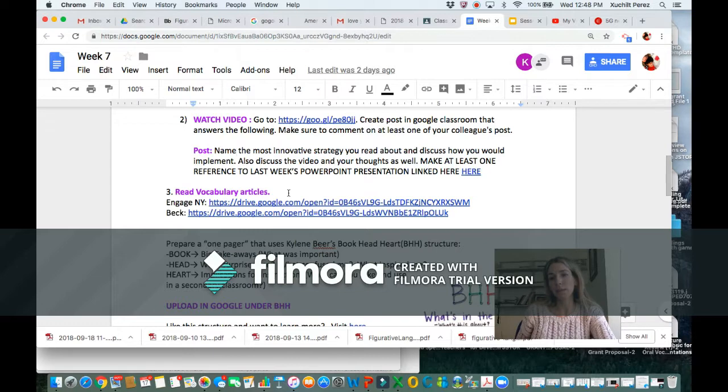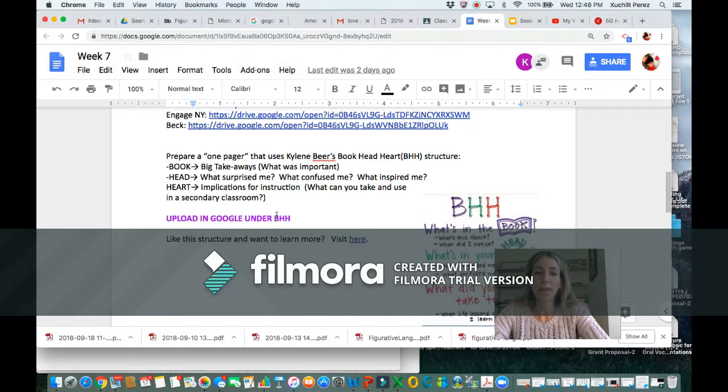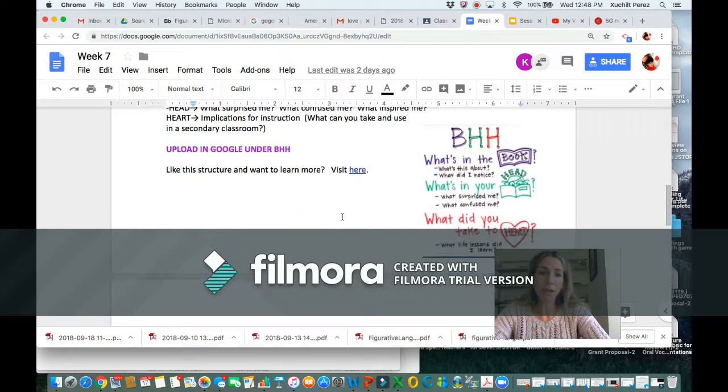One of them is by Engage New York, and the other is the Beck article that I mentioned, and she is the one that goes over and explains the different tiered levels of teaching vocabulary and how to do that. So it's a great article. And finally, the response to that is called a BHH response. So what's in the book, what's in your head, and what did you take to heart?